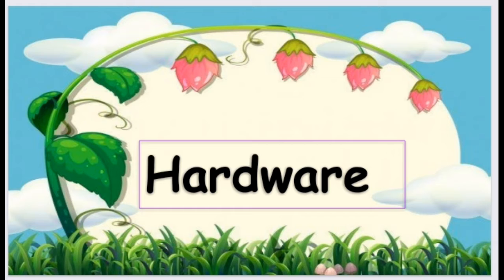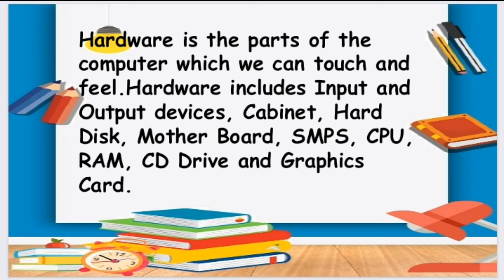Now let's see one by one. First, let's see hardware. Hardware is the parts of the computer which we can touch and feel. Hardware includes input and output device, cabinet, hard disk, motherboard, SMPS. SMPS means switched mode power supply.